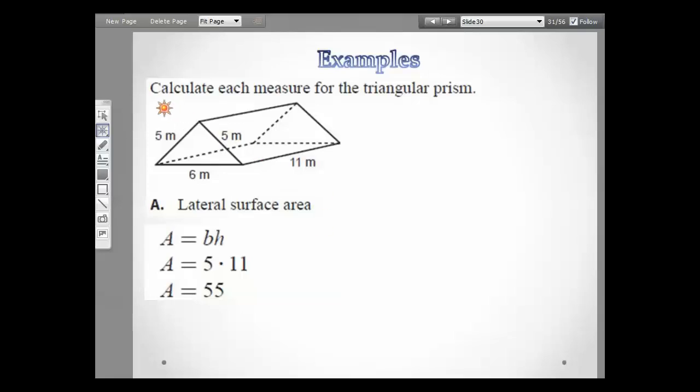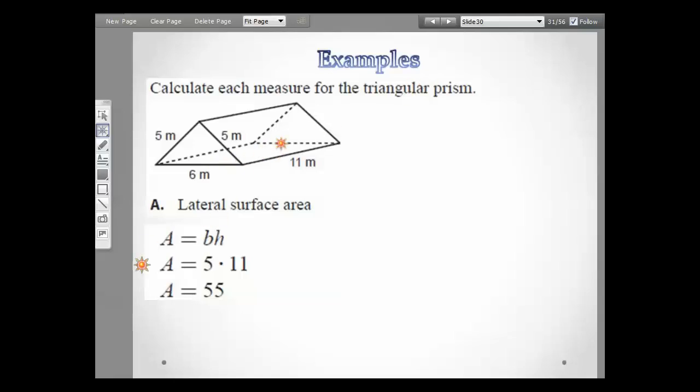Now we're going to calculate each measure for the triangular prism, and they've given us some different measures to figure out. They asked us to calculate the lateral surface area. Okay, now notice on this one you have two lateral surface areas that are 5 by 11. You have one down here that is 6 by 11.